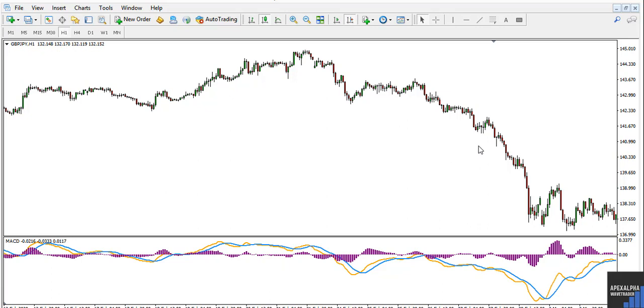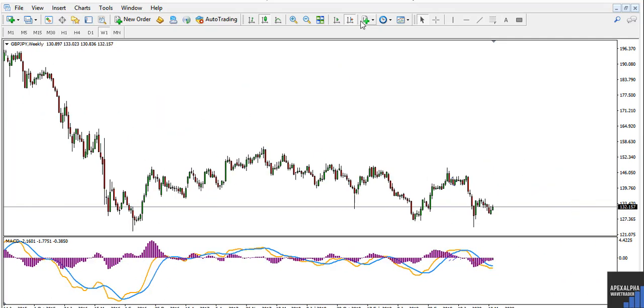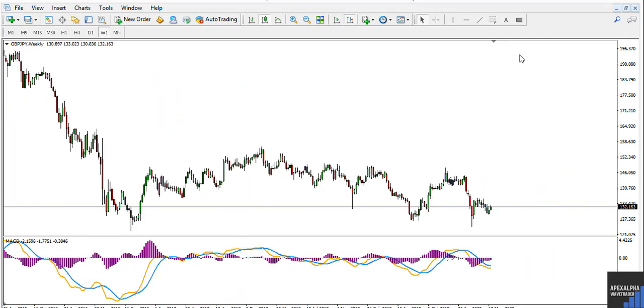Okay? Something else I really should have said, and I'm sorry for not having said it earlier, but it's just as pertinent. Look for divergence situations at areas of support and resistance. Very, very important. So for example, if I were to go to the weekly time frame here, just like I've been doing in my videos, let's just pretend, okay, let's mark here a level of support.